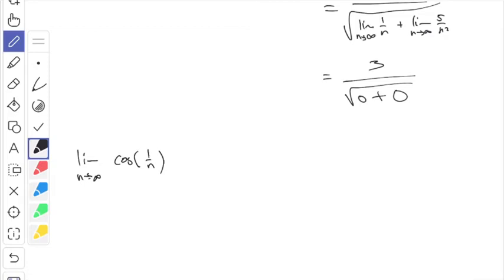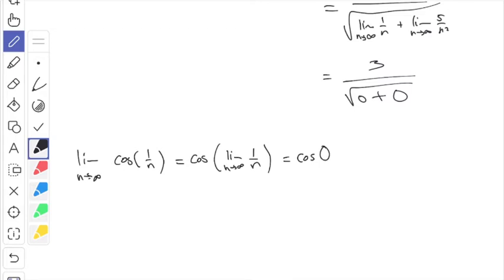But really, the way you would write this out in steps is, I push the limit through the cosine, like that. This is the first step. And then the rest of it is simple now. So ignoring the cosine for the time being, we do the limit inside the parentheses, and we get 0, because 1 over n goes to 0 when n goes to infinity.